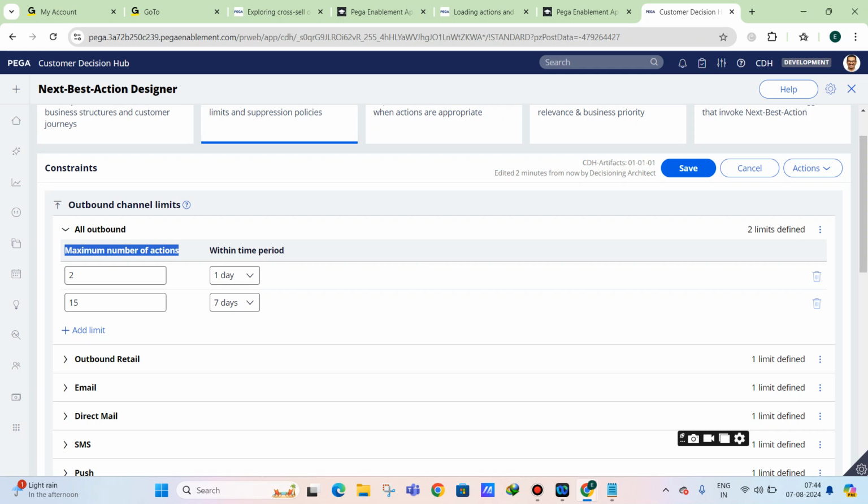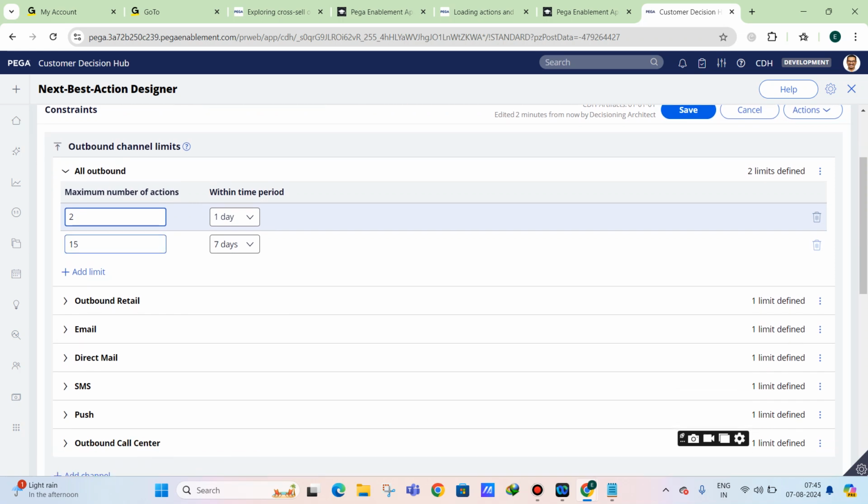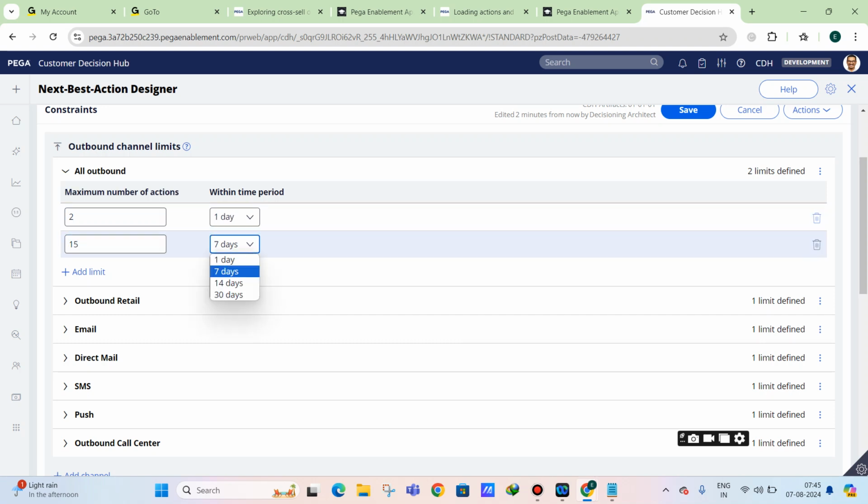Here the maximum number of actions that we can send is 2 per day. That means in all the channels, SMS, email, push notification, everywhere it is 2 per day. And 15 actions in 7 days.